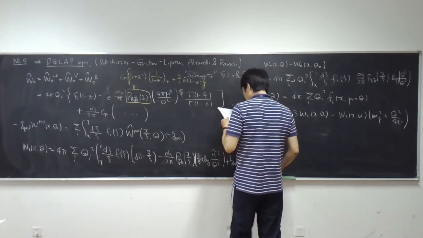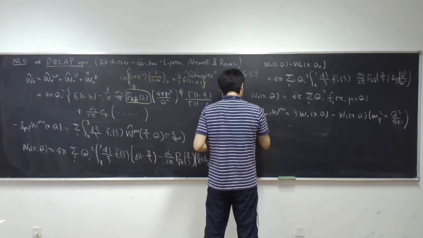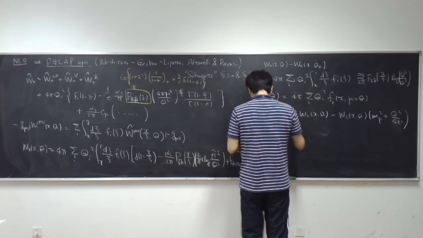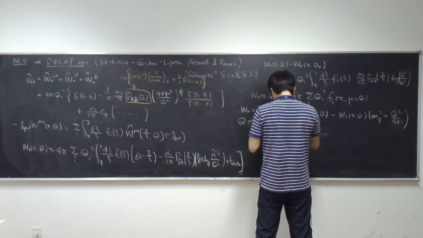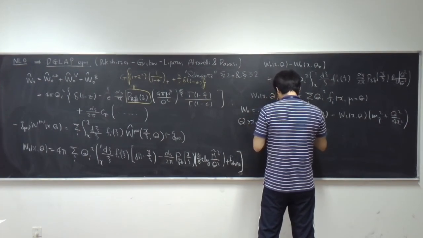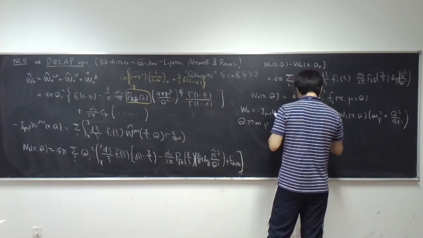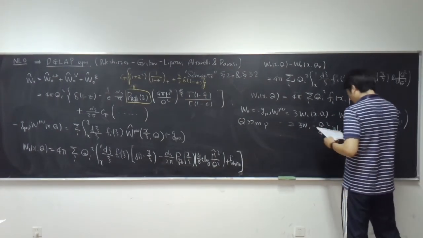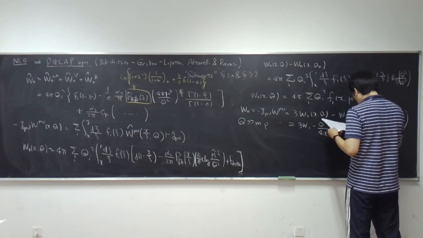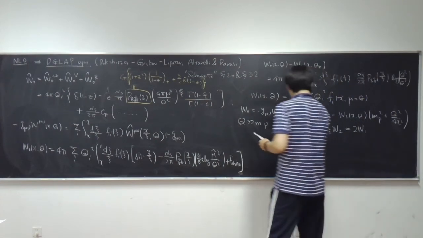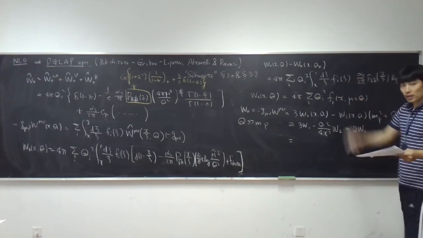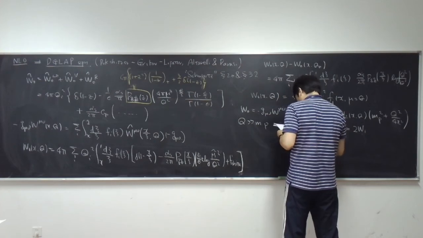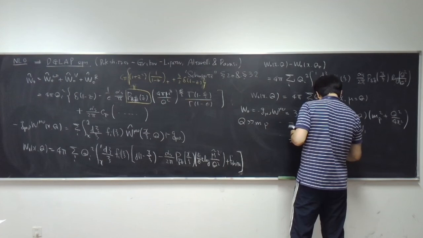Once you take Q to a really large limit, the deep inelastic scattering limit, this is equal to 3 W1 minus Q squared over 4x squared times W2, and you use the Callan-Gross relation, so that this is equal to 2 W1. Therefore W1, which was written almost 1 hour ago, is equal to 4 pi times the sum of Q_i squared F_i(x) at tree level.